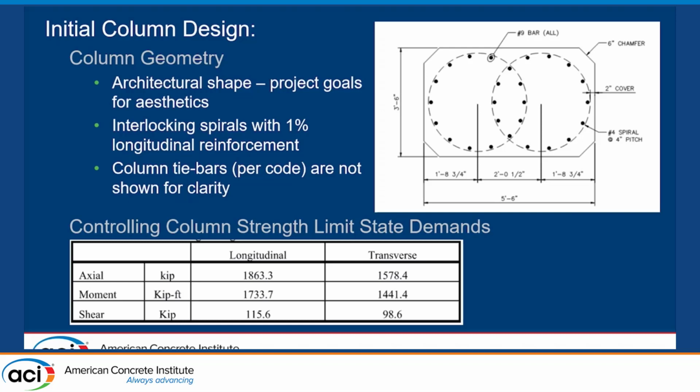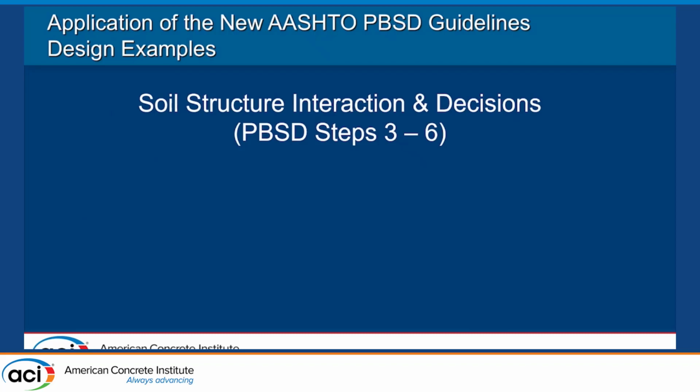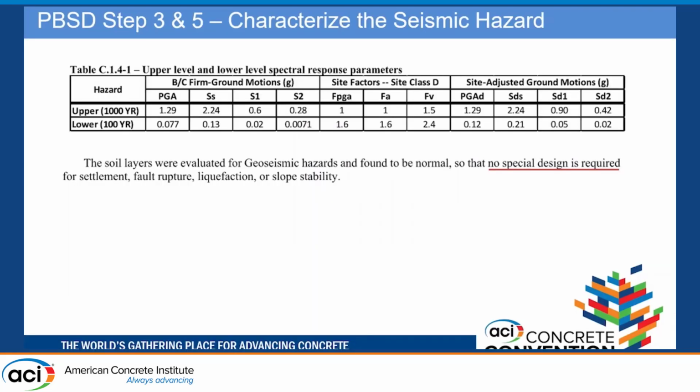Now note in this graphic, we don't have all of the ties and the bars that are required in the code. We just wanted to do that for simplification, but they would be there as well to meet all of the standards. Let's jump into the next steps, which is defining the hazard. As we said, that interaction is a problem. So again, we're in New Madrid, Missouri. Here we're using the USGS 2014 process for designing the lower and upper events.